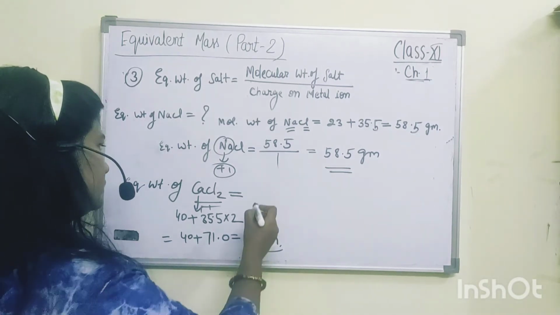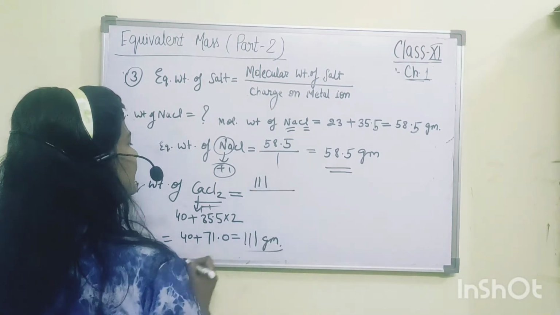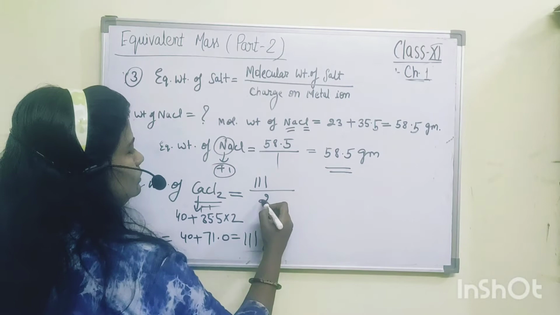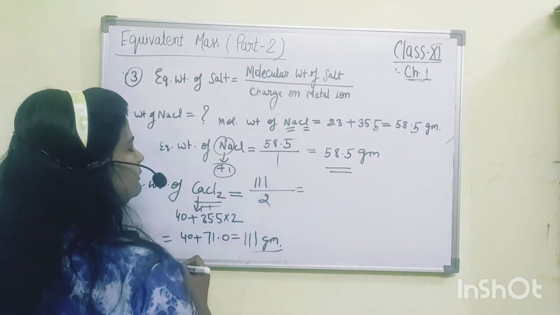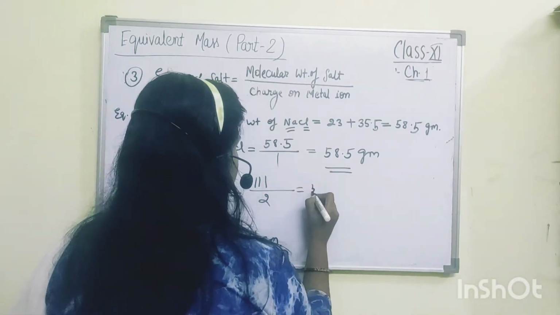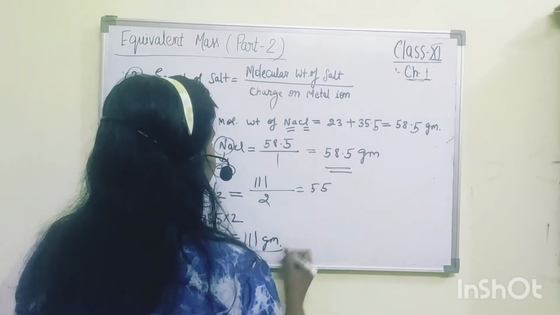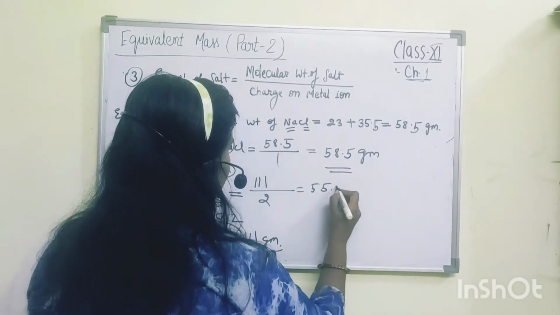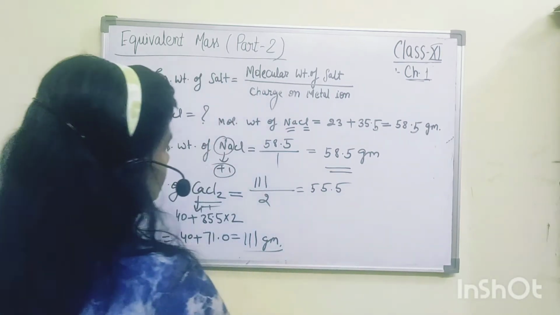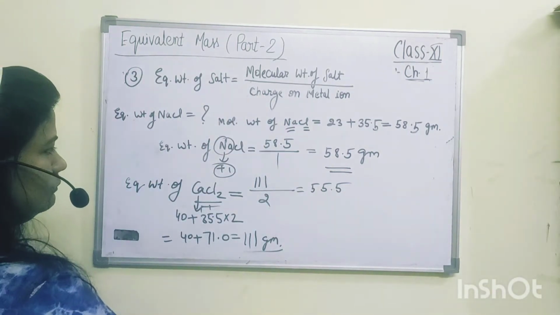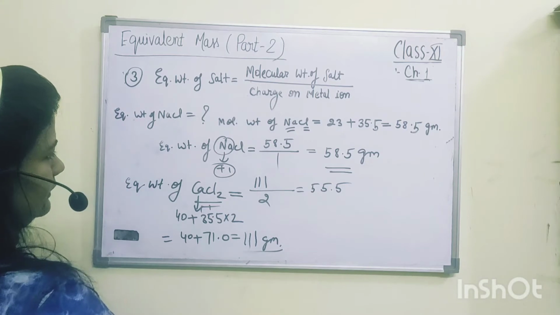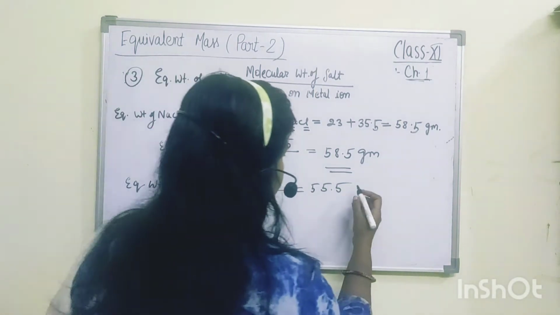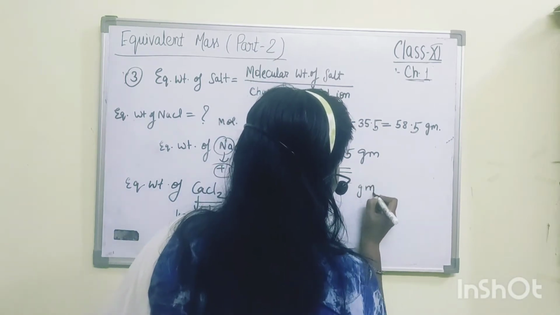Then 111 divided by the charge present on it, 2, so you will get 55.5 grams.